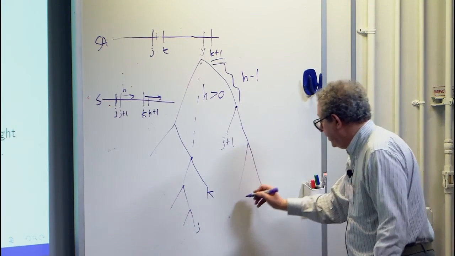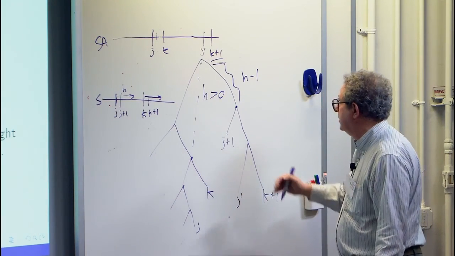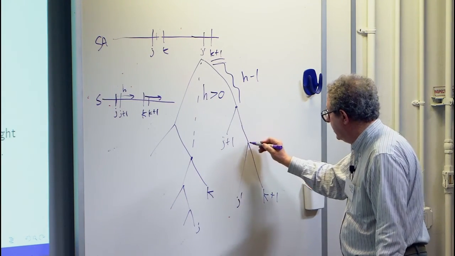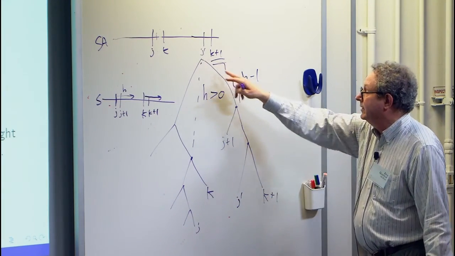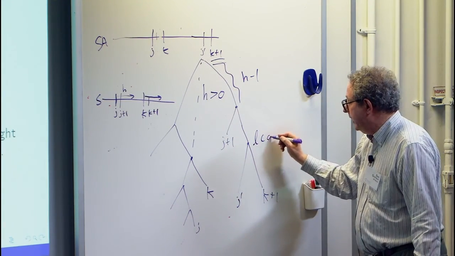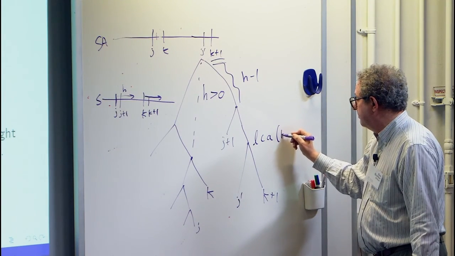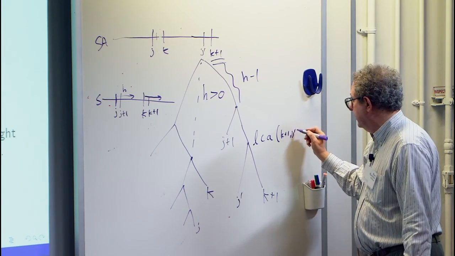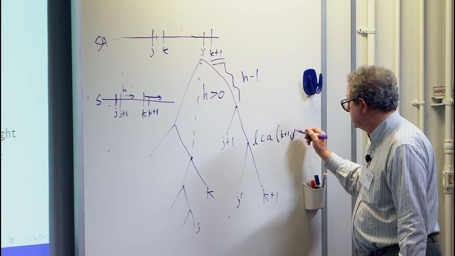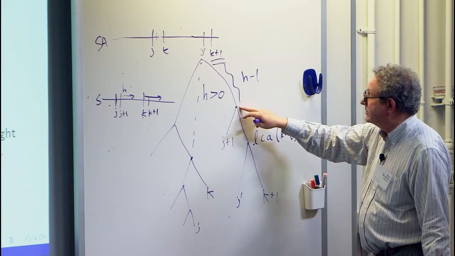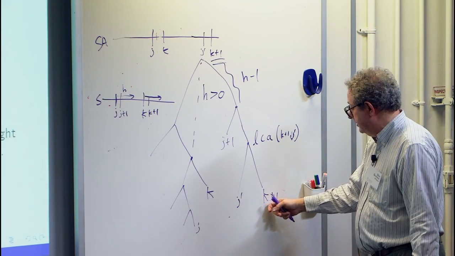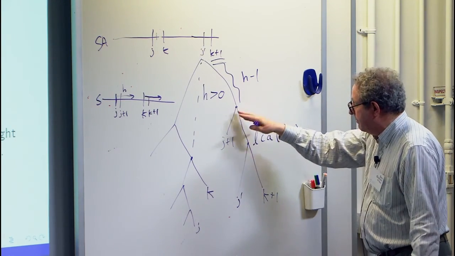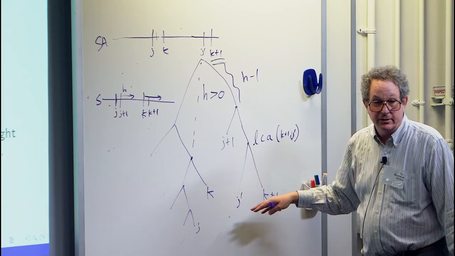So J prime is, and this, remember, is the least common ancestor of k plus 1 and J prime. But this is a common ancestor of, so J prime has got to be down here, okay?